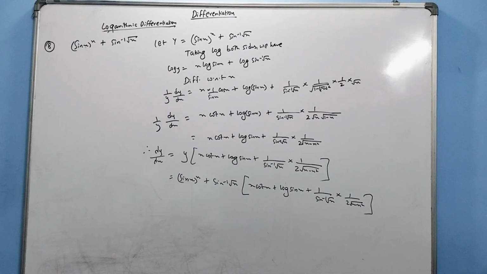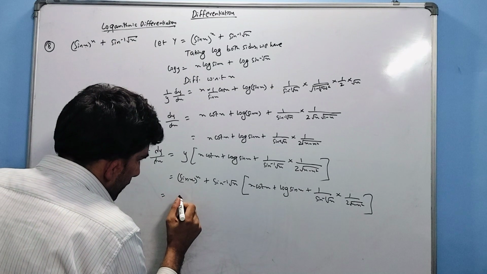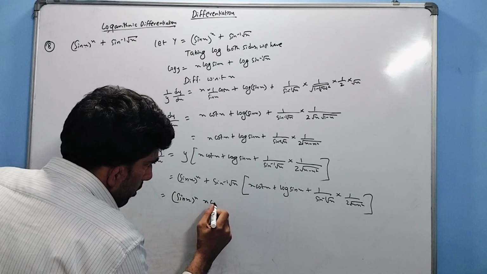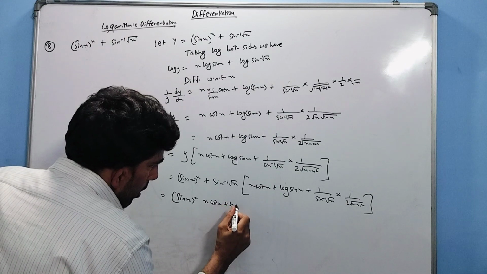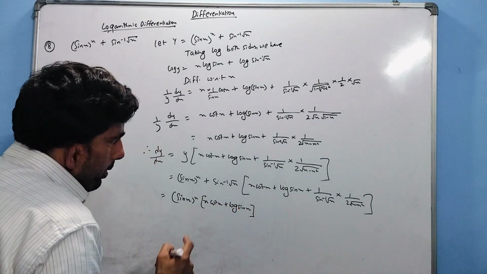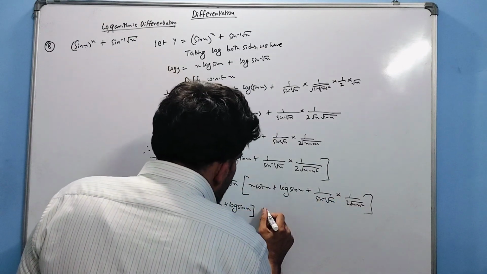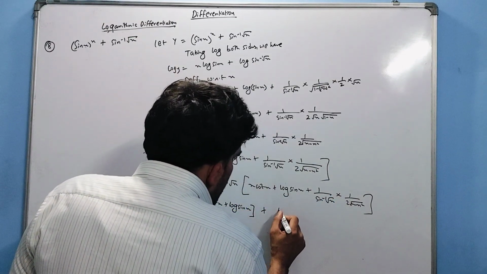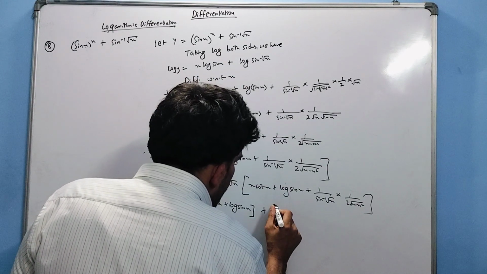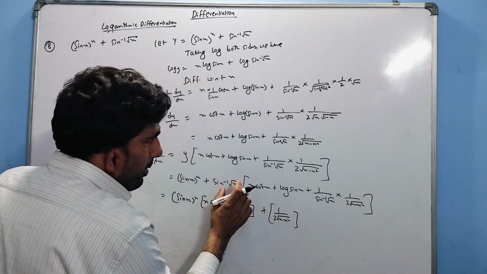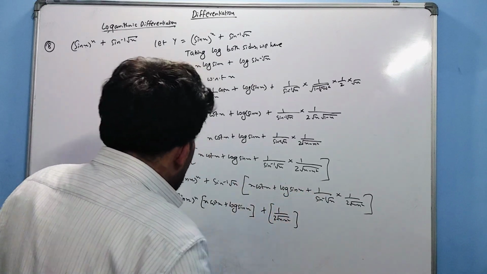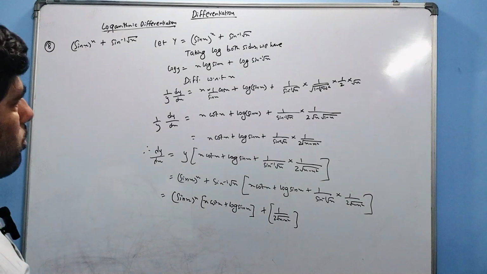Now the next step I can write here: sin x power x, we have x cot x plus log of sin x, this much, plus then we multiply with this, so plus 1 upon 2 x minus x square. Because we have multiplied sin inverse here, it will be reduced, so we have this much. So that's how we differentiate it.